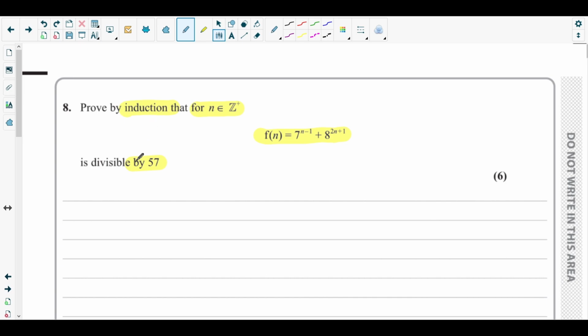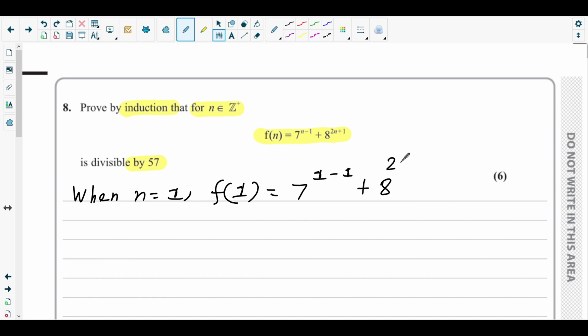of proof by induction is that we have to show that the given statement is true for n equals 1. So let's consider when n equals 1, f of 1 equals 7 to the power 1 minus 1 plus 8 to the power 2n plus 1. That is 2 times 1 plus 1, which is 2 plus 1.